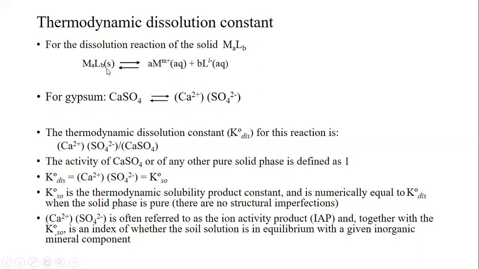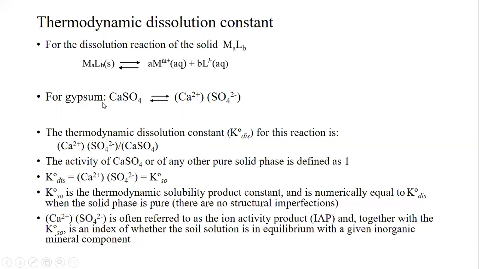So you have a of M with its valence, plus b of L, the ligand, the negative ion, with its charge, and "aq" indicates we're talking about ions in an aqueous solution. Let's take gypsum, CaSO4, as an example.